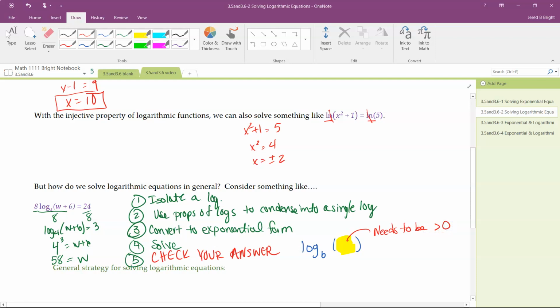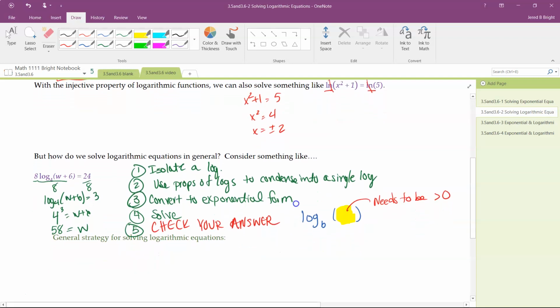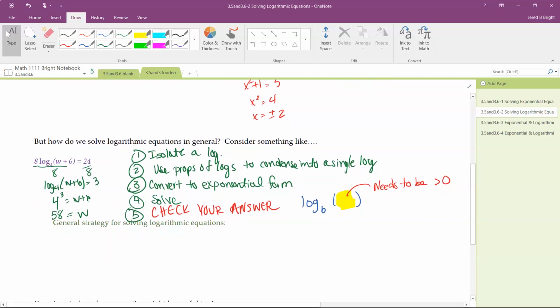It's after you plug it all in and crank the calculation out that it needs to be positive. So there we go. I gave you the general strategy, and there's space down below for it too. But isolate, use properties of logs to condense, convert to exponential form, solve, and then check.